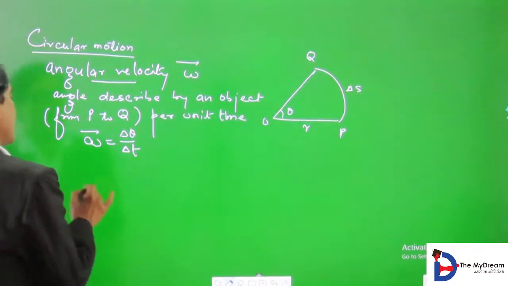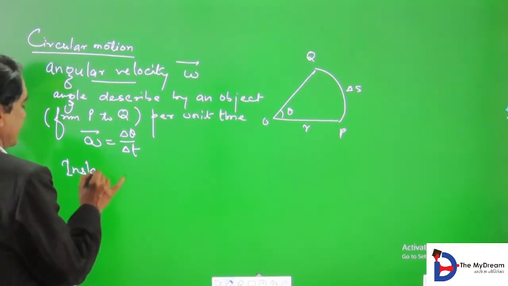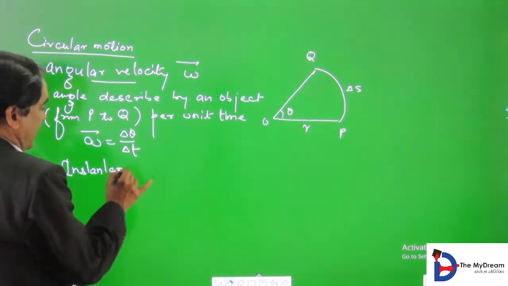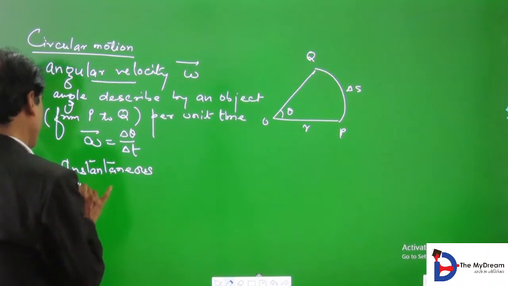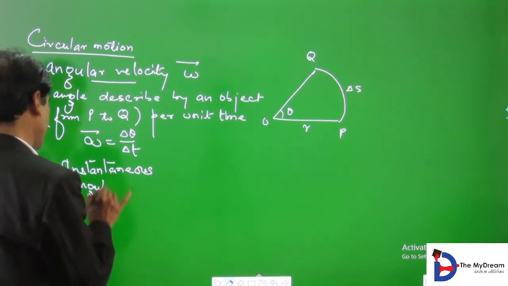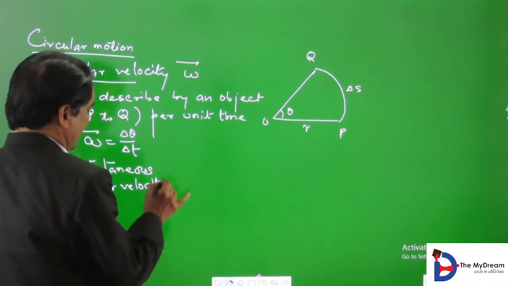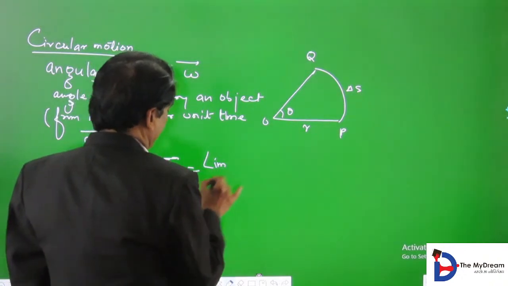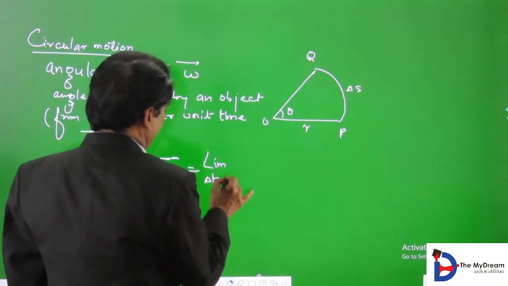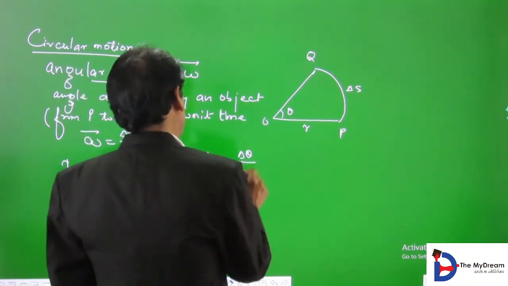If you want to know the instantaneous angular velocity, that is given by the limit delta t tends to 0 of delta theta by delta t.